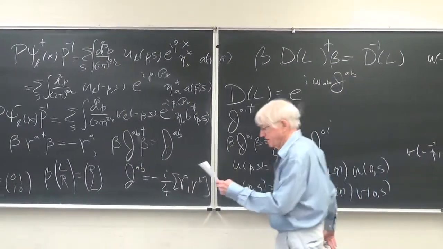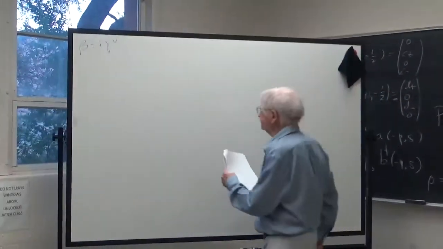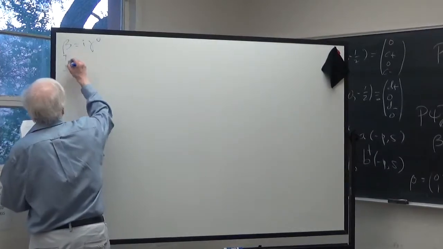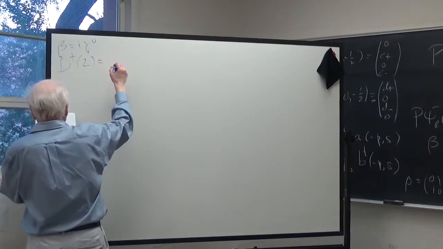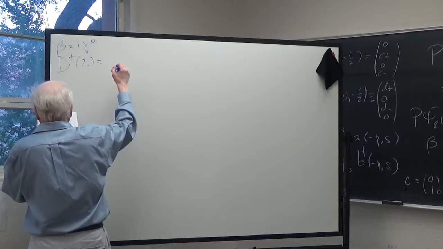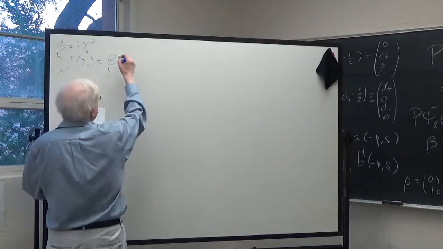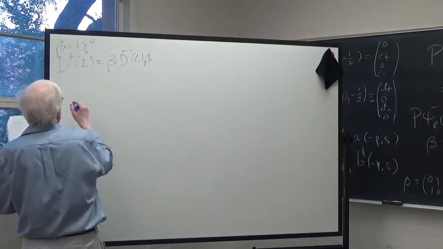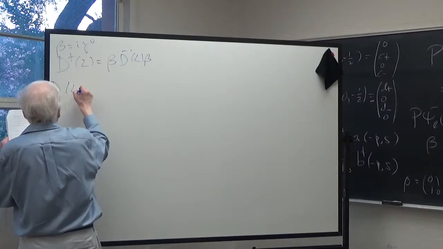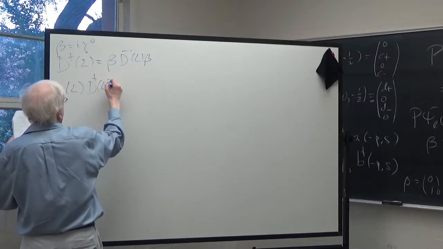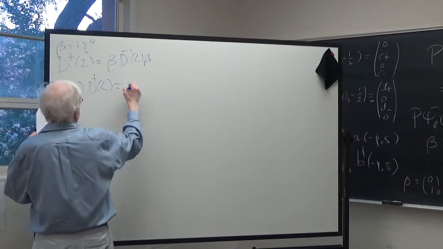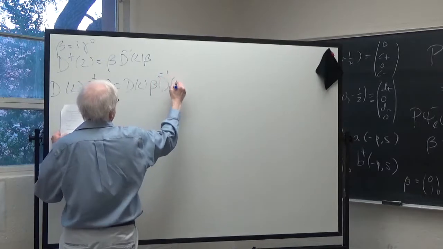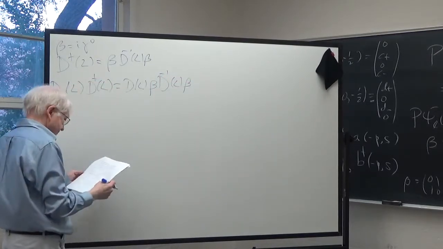Beta squared is 1. And what you get then is that D dagger of L is equal to beta D inverse of L beta, and consequently D of L, D dagger of L is D of L beta D inverse of L beta.